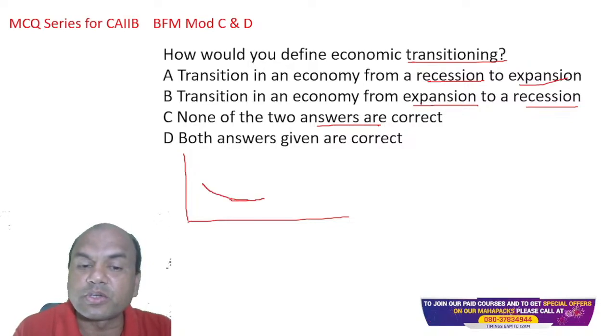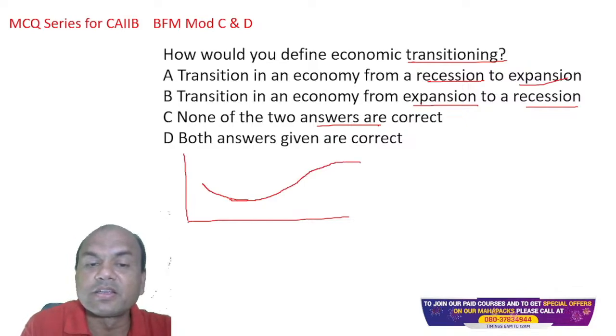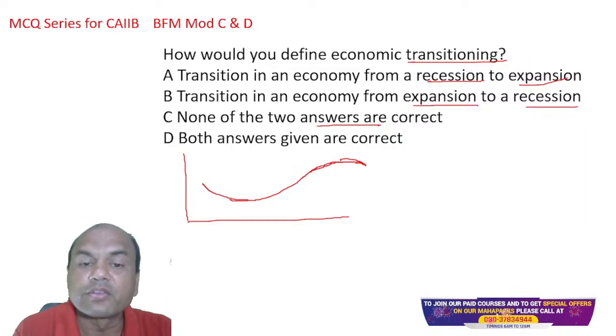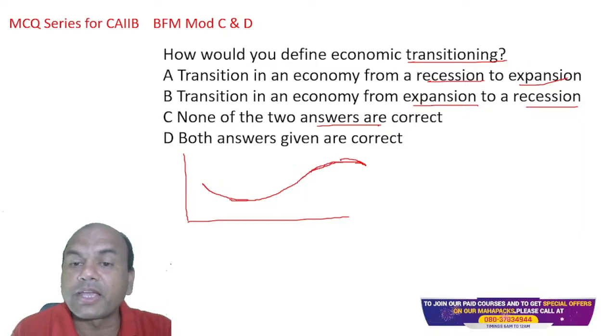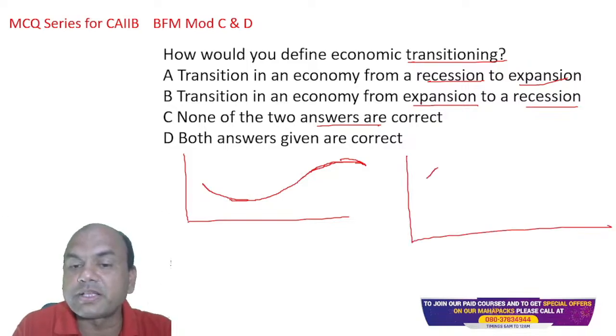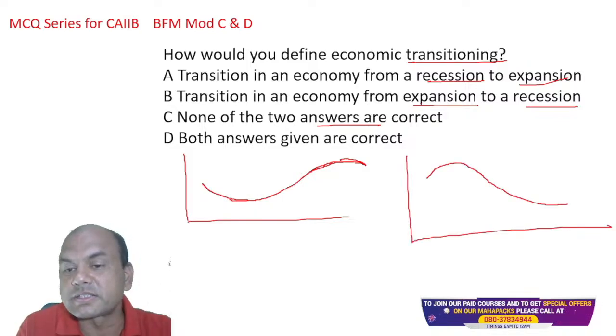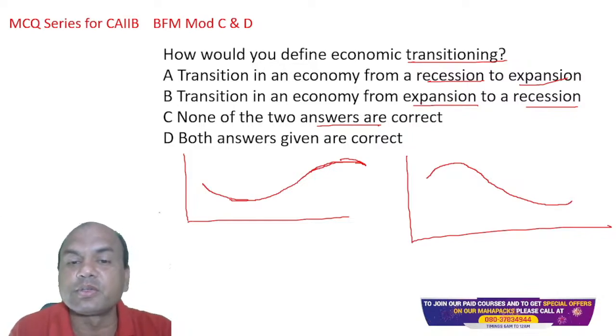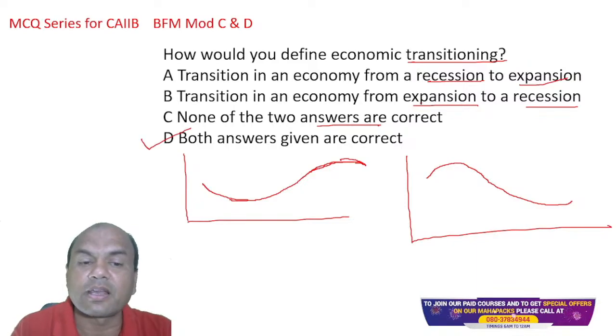To expansion, so it will be like this. So what is this? Again, it is a hump. Look at this, it is a hump somewhere. So this is also true. From expansion to recession, let's plot this B. So this is also true. Both are transition curves only, so both the answers are correct.